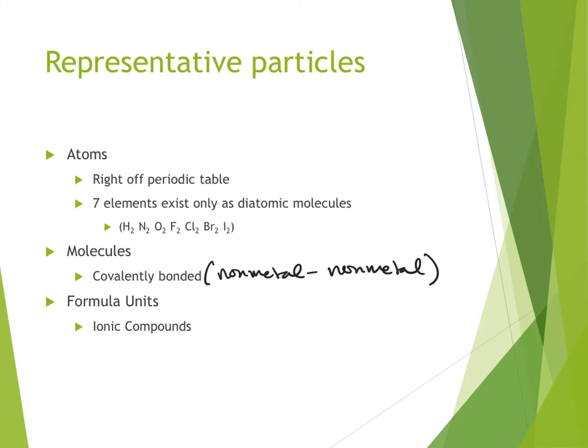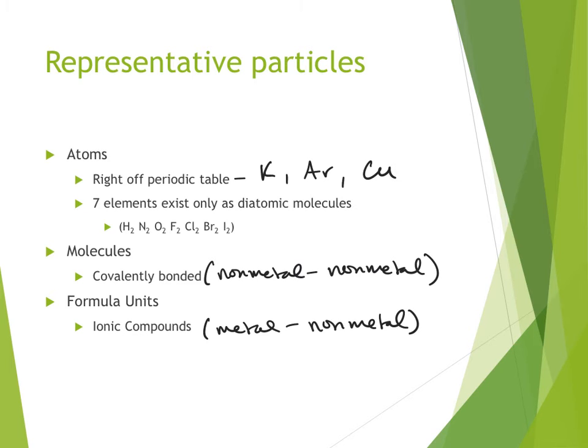And then formula units is when you have ionic compounds, which would be metal, non-metal. So I would use the term atoms, like I said, if I just had something like potassium, or argon, or copper, or whatever, anything that's just an atom by itself.